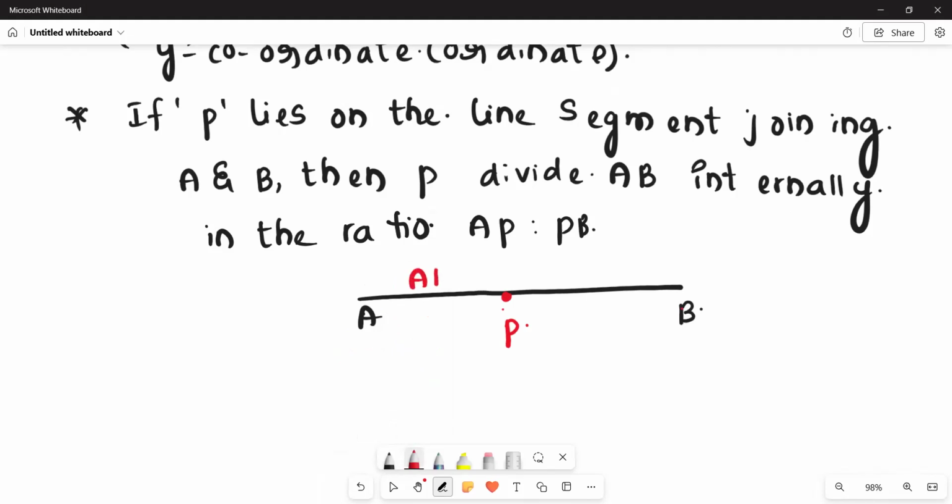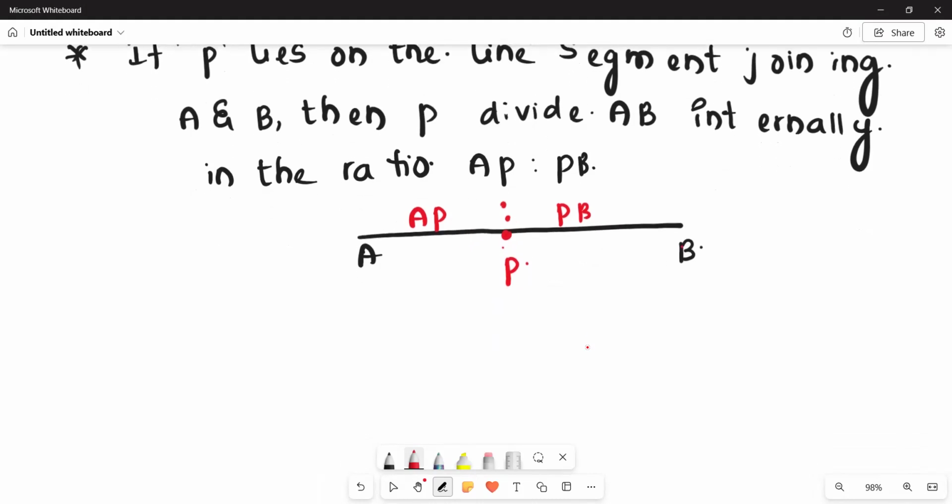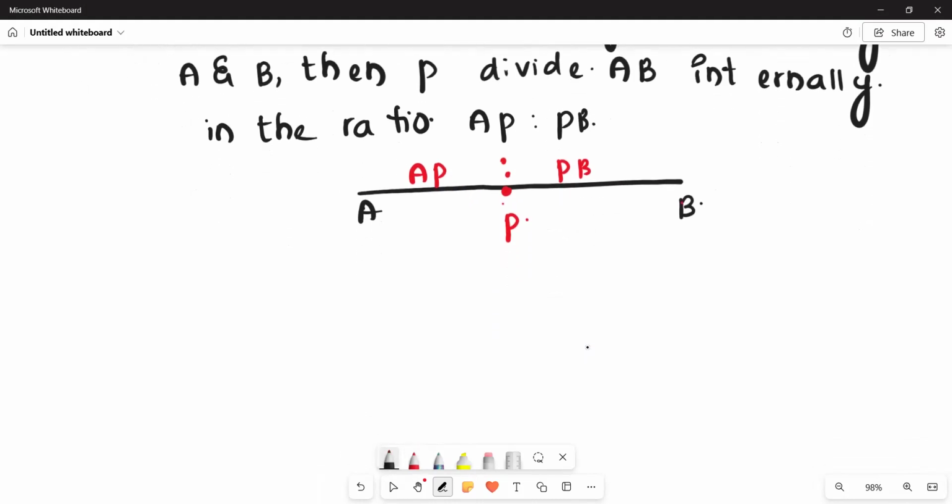So this particular ratio is AP and we have PB. As we are dividing it internally, we can call this an internal ratio, that is AP is to PB.